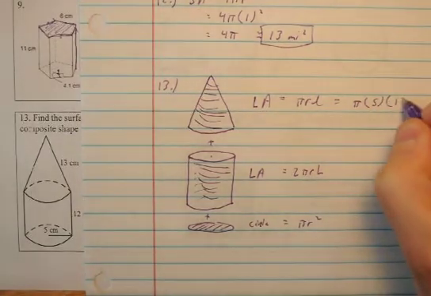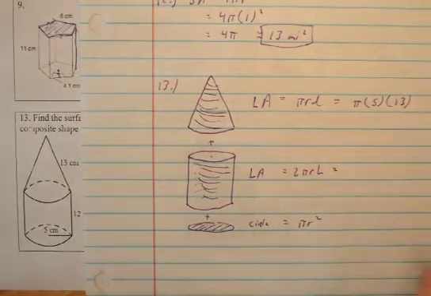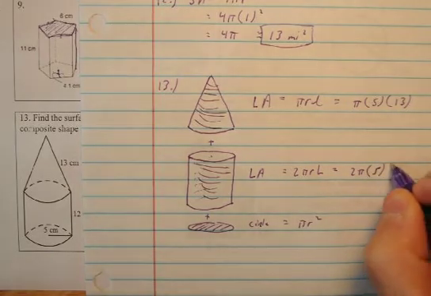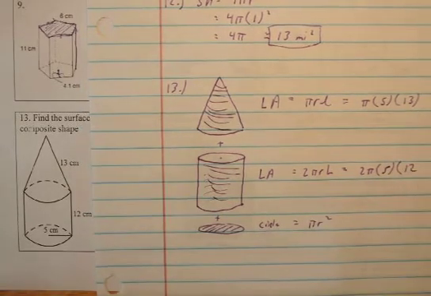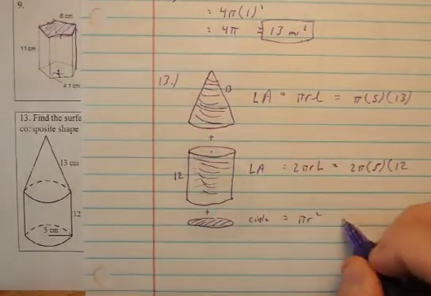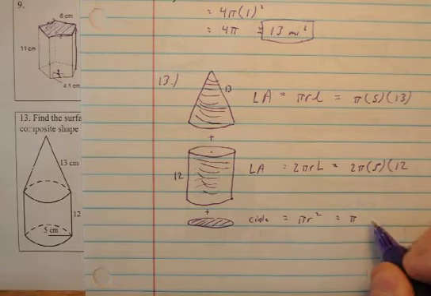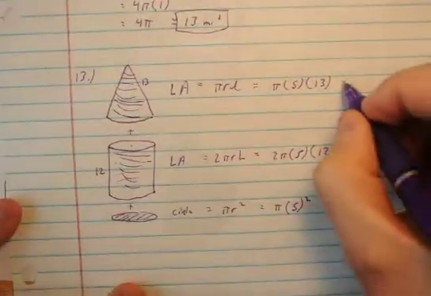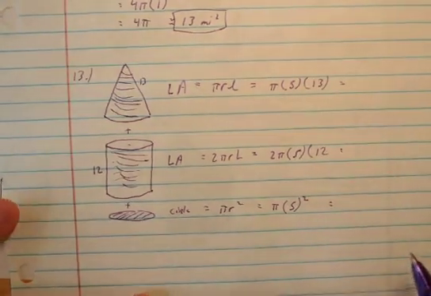And the slant height is 13, so they gave us that. The radius is 5, and the height is 12. That's 12. That's 13. And then for the circle, the radius is 5. Let's keep going.